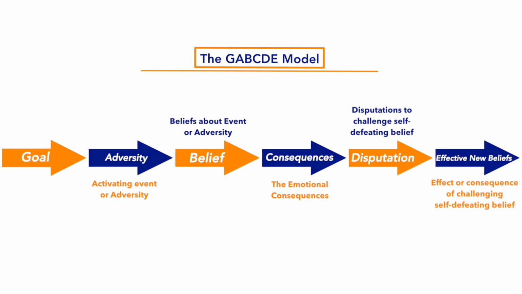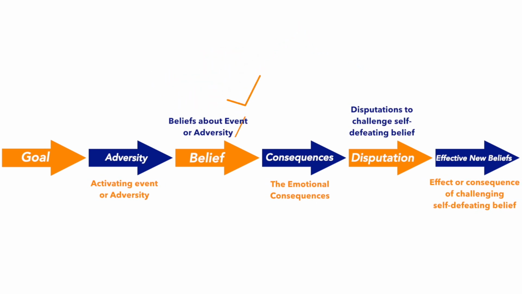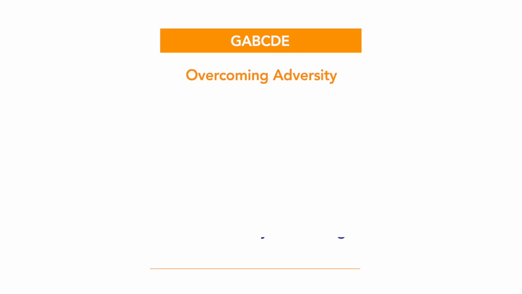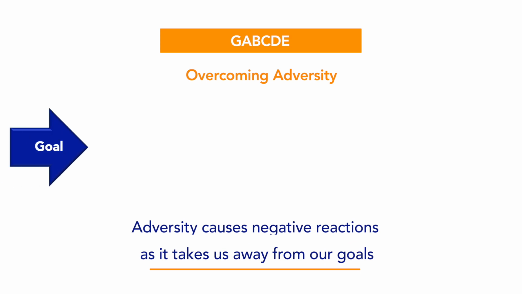But the beliefs we hold when faced with challenges in life generate emotional consequences, C. Identifying and disputing beliefs that are irrational and unhelpful to us bring new effects, E, which result in reduced stress and more helpful responses that bring us closer to our goals. As you can see in this simple diagram, the flow of events is logical and easy to understand.